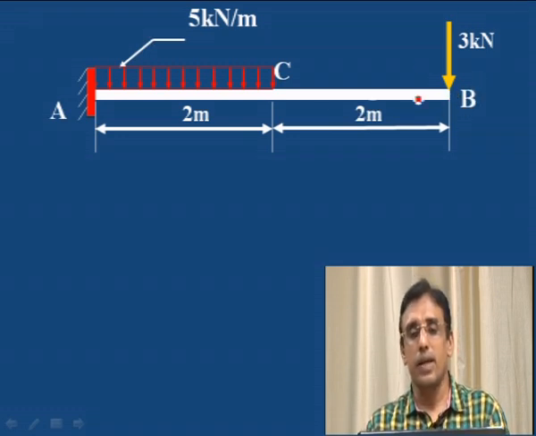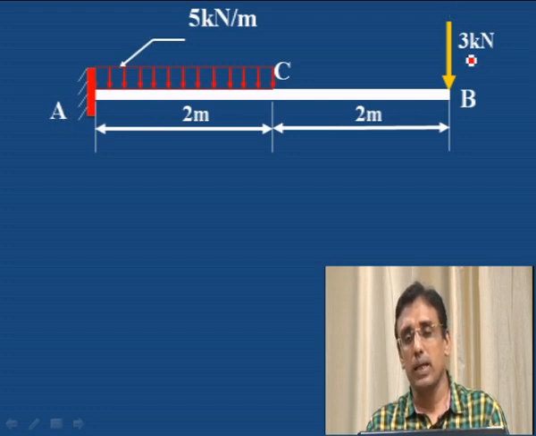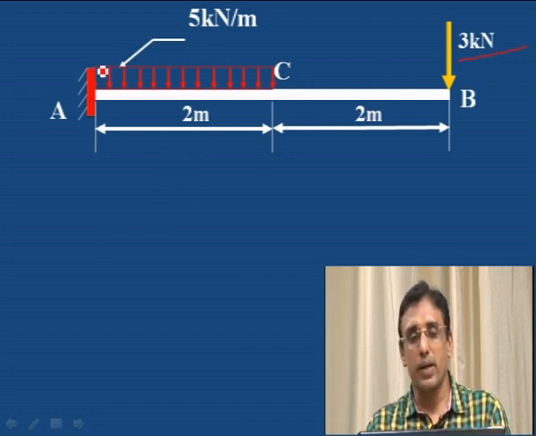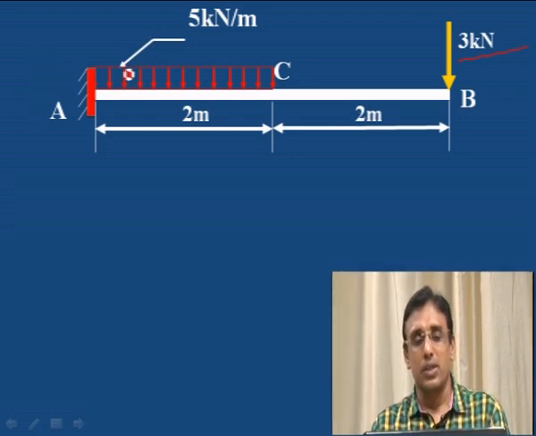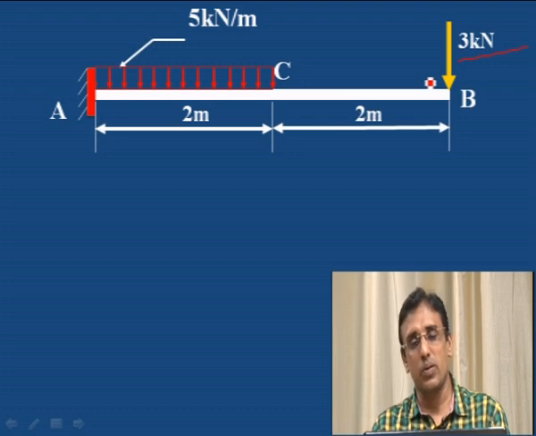Here we consider it from the fixed end, and one more point load is acting at the free end. This problem consists of both a uniformly distributed load as well as a point load. This type of problem will normally be given in the examination, because you should know how to calculate the BMD and SFD for both types of cases.